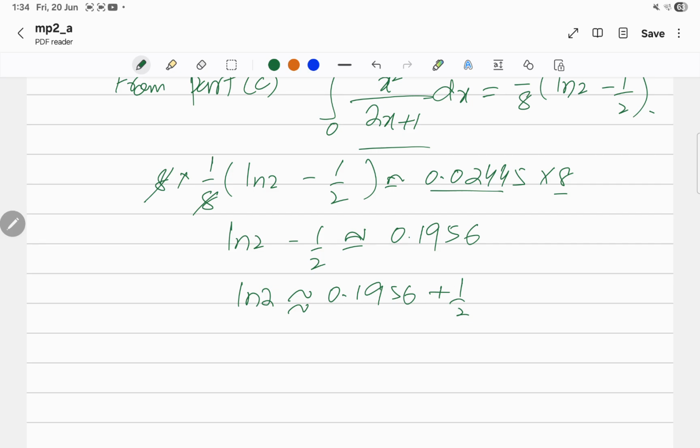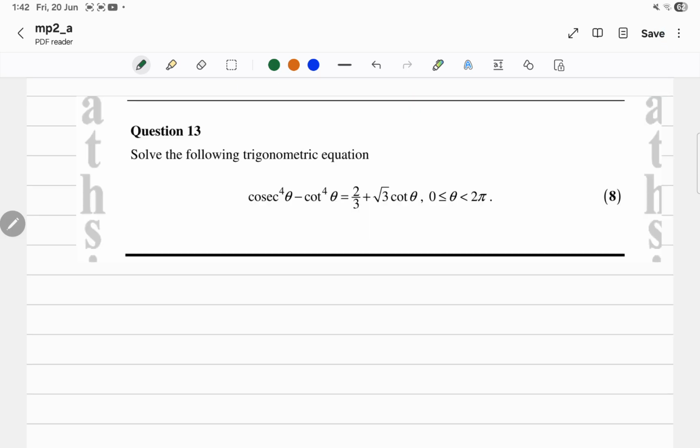So if you add half, it will be equal to 0.6956, and then ln of 2 will be approximately equal to 0.70 to two significant figures as required.